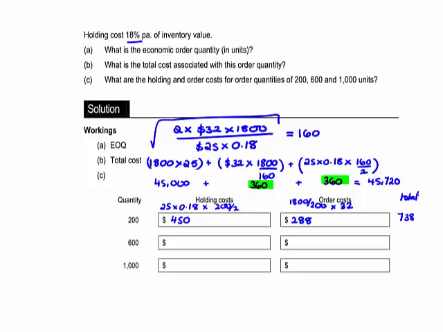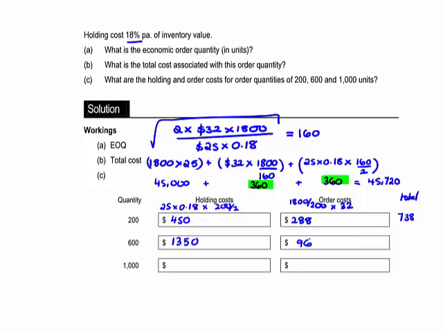If we carry on working down the table then using the same principles, we'll see that the holding costs for 600 units, on average we're going to have 300 units at $4.50, so my holding costs will be as high as $1,350, and the ordering costs, we're going to make even fewer orders. If we order 600, we're going to make 3 orders a year, so we're only going to have $96 of ordering costs.